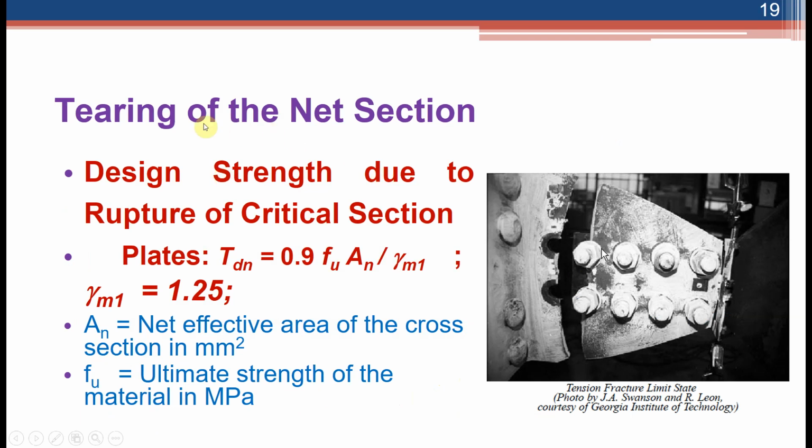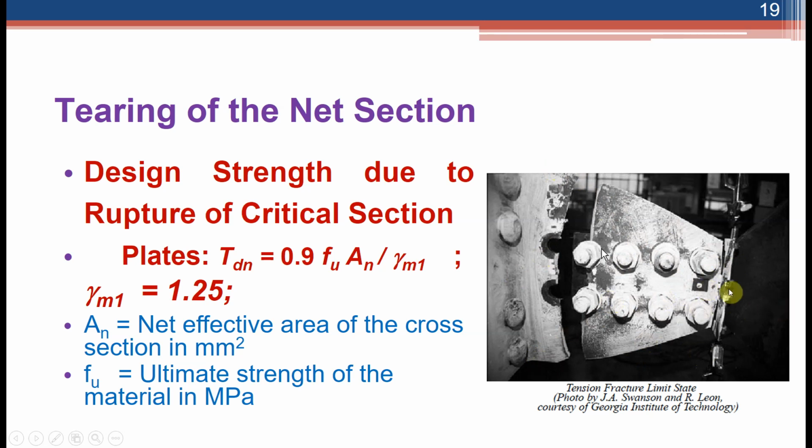Now let us learn about the tearing of the net section, or net section rupture. When you look at this photograph, you can see tapered plates connected by using rivets.